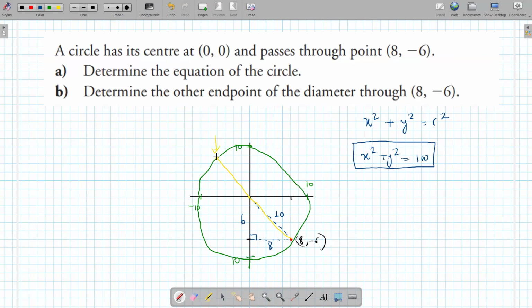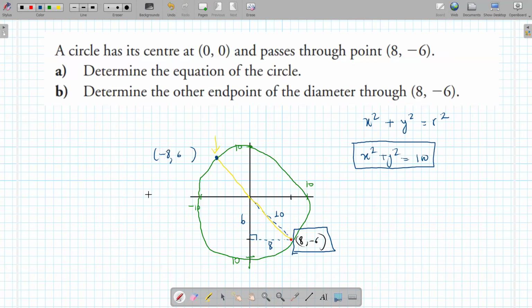Use the idea of symmetry. If you take this point that's in quadrant 4, you shift it into quadrant 2, the numbers will be the exact same. The only difference will be the signs. What is this coordinate? -8 and 6.